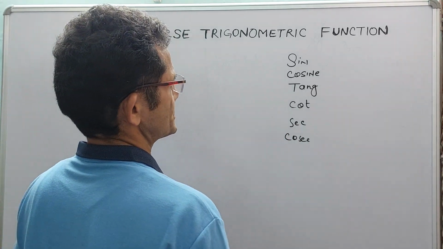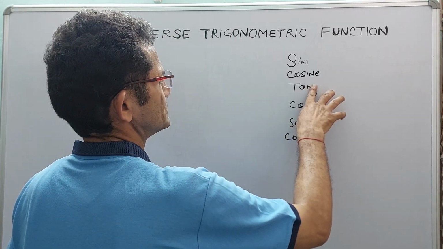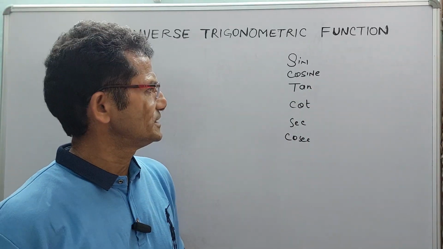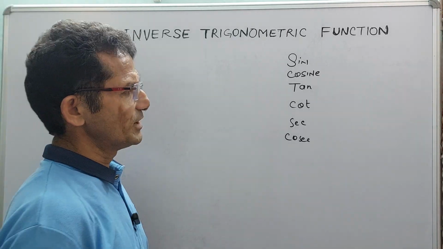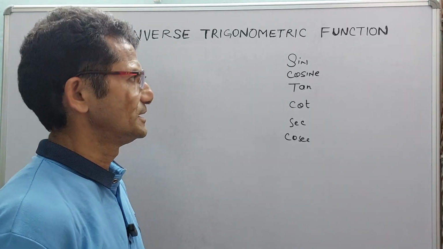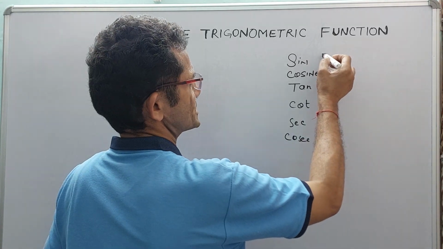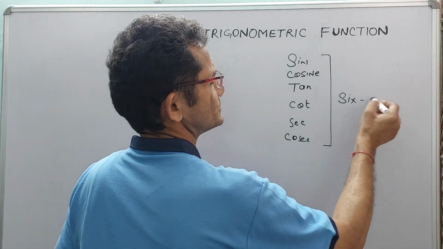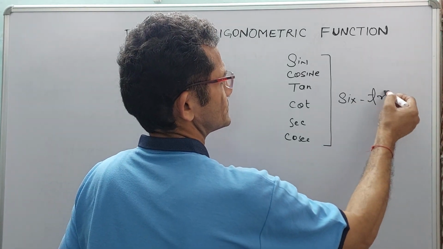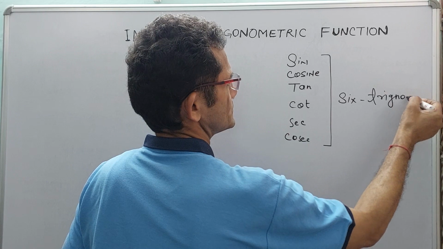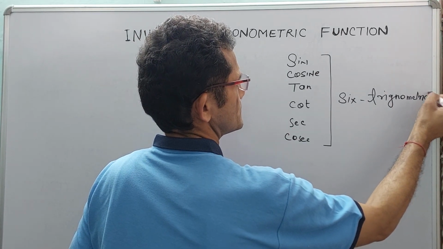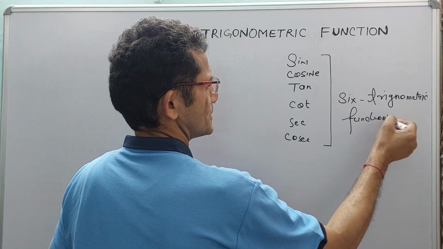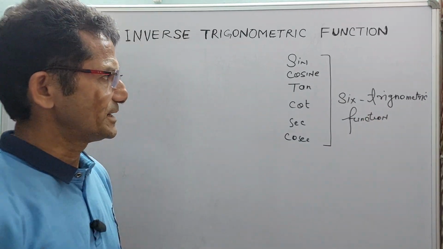These are the six trigonometric functions: sine function, cosine function, tangent function, cotangent function, secant function, cosecant function.